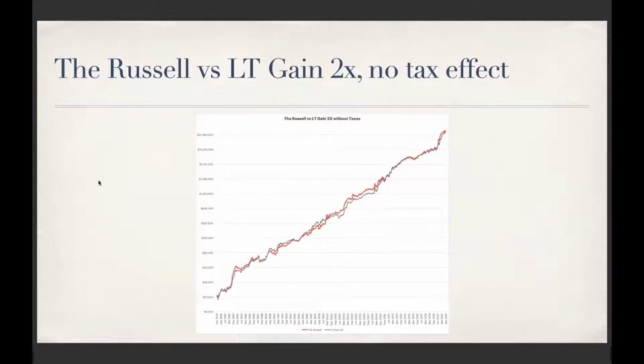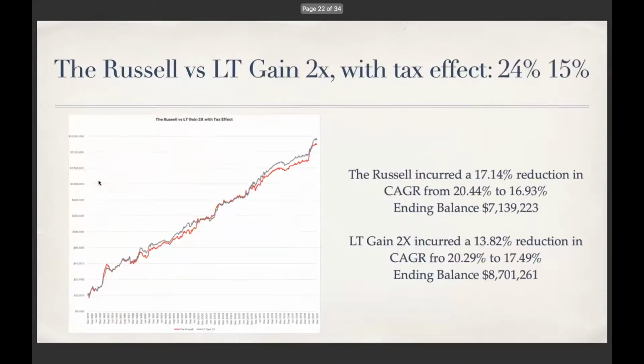And on the right there, well, first of all, the chart, you can see, let me go back up really quickly. Look at, I'm spitballing, but it may be hard to see on your side, but from about 1999 through 2010, you can see that gray line is under the red line, kind of in the middle of the chart. The Russell was doing better relative to the LT2X over that time. But now when I switch down to the new one, it's mostly even with it over that time, and it's higher before and higher after.